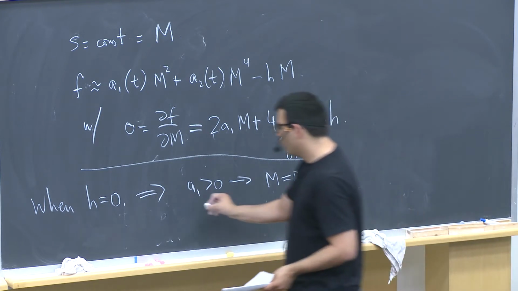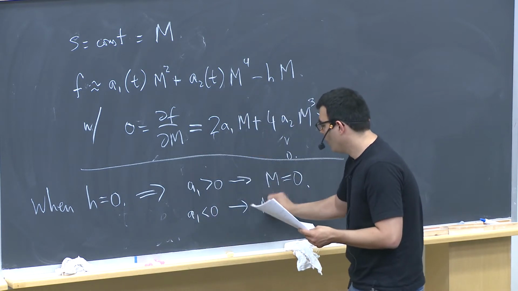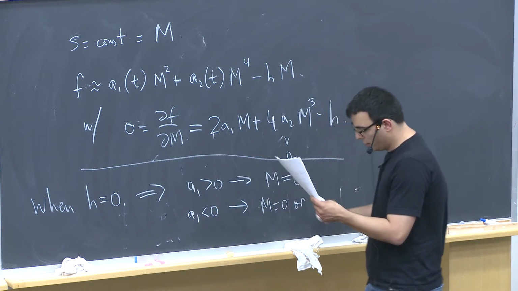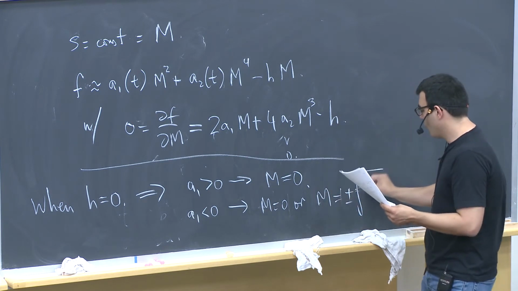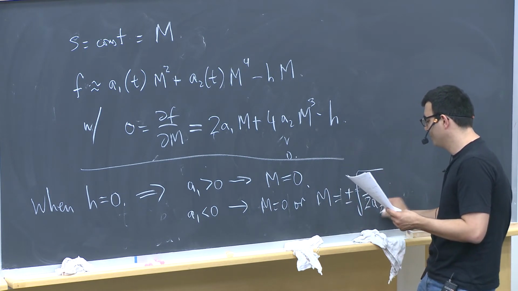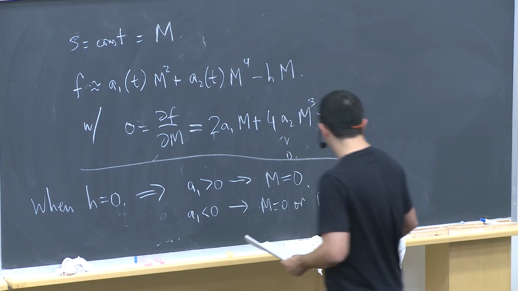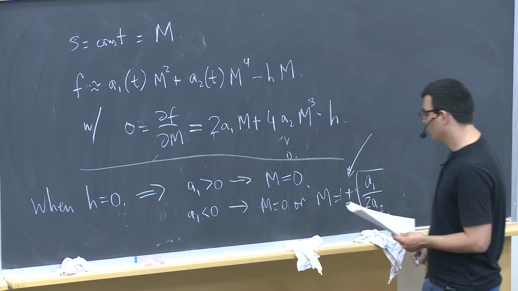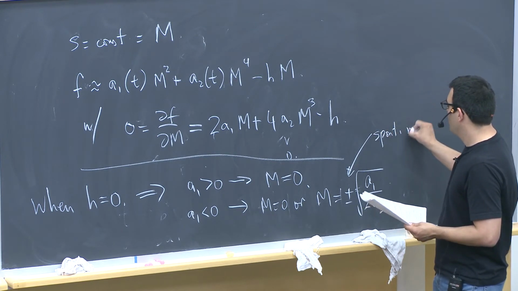And when A1 is smaller than 0, we have several solutions. We have M equals 0, or M equals plus minus square root of A1 over 2A2. So this simple model, this would be the stable state, and this is the spontaneous magnetization.